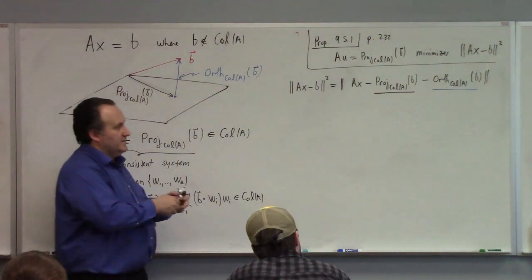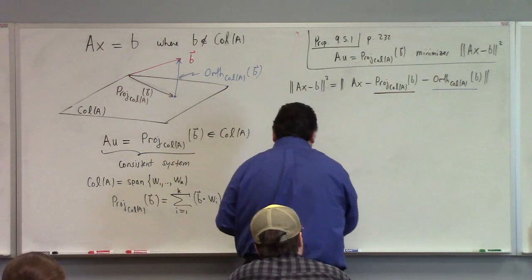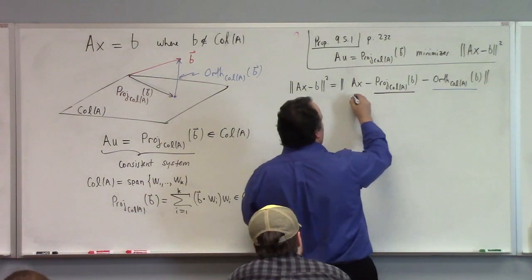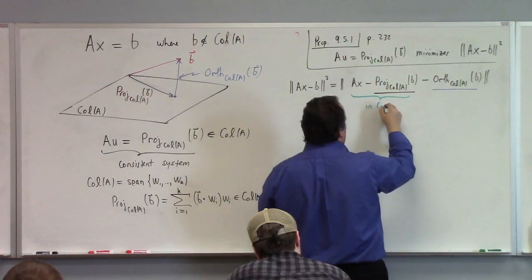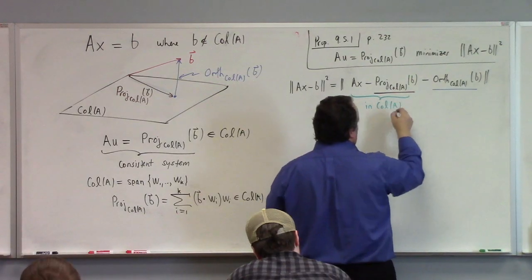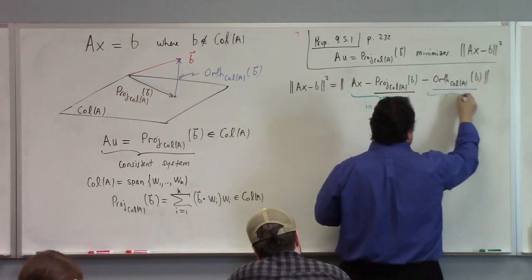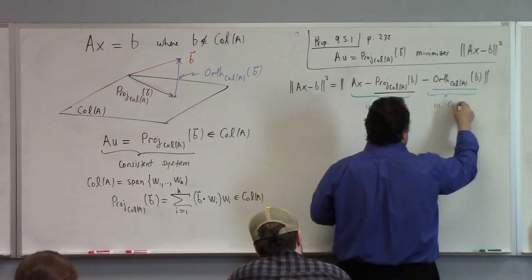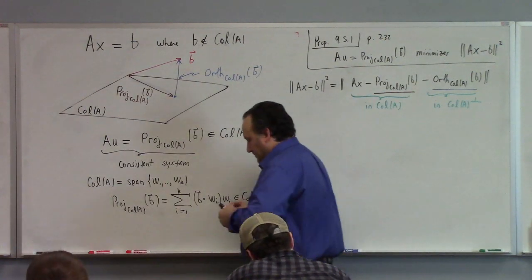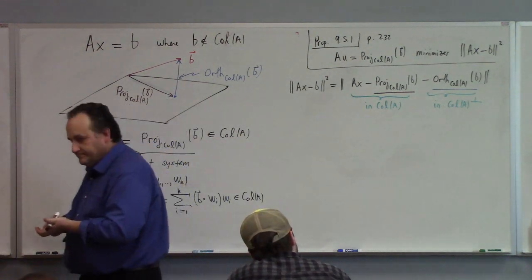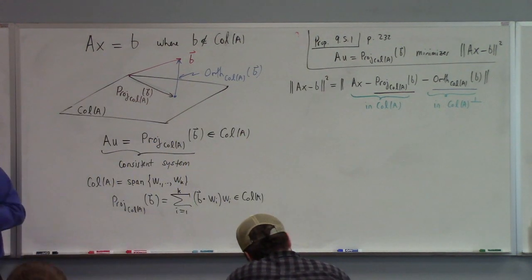All right, so here's the deal. This right here is in the column space of A. This right here is in the column space of A perp. In other words, these vectors are perpendicular.